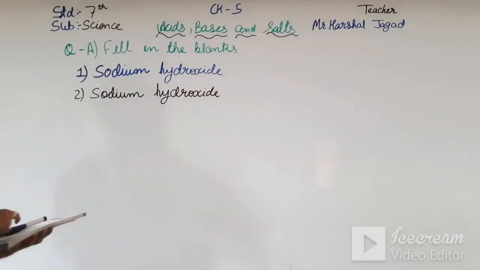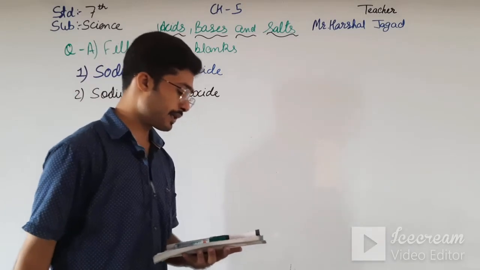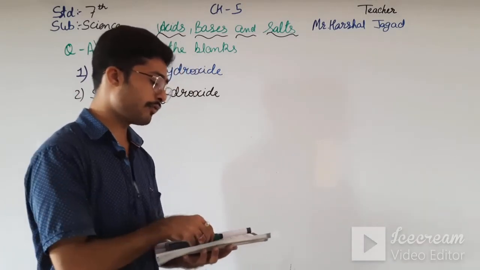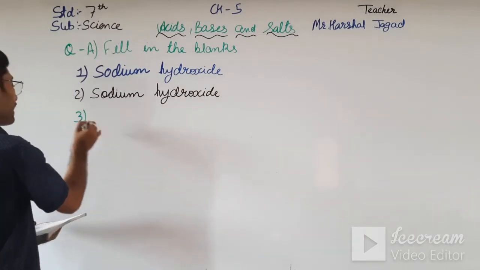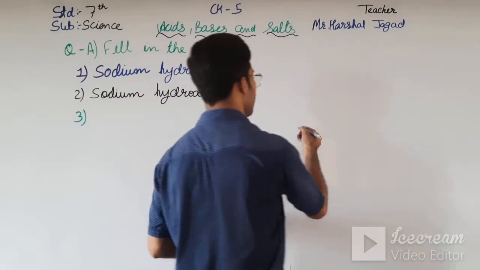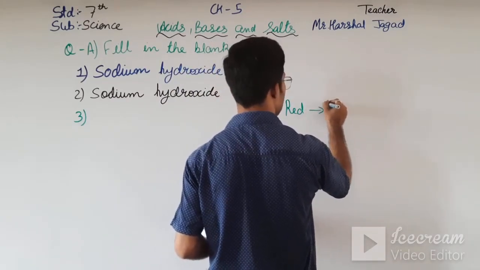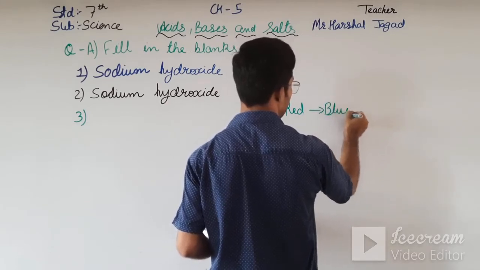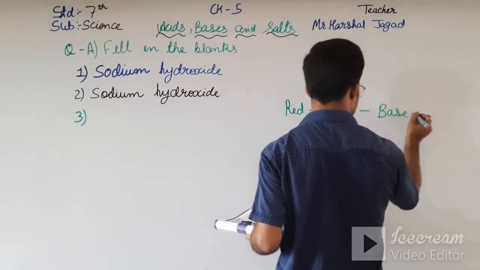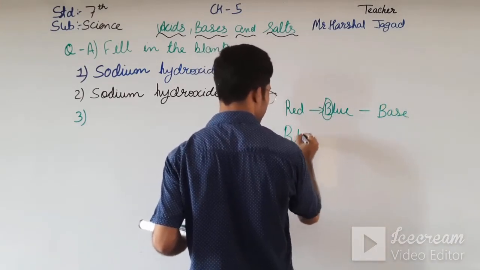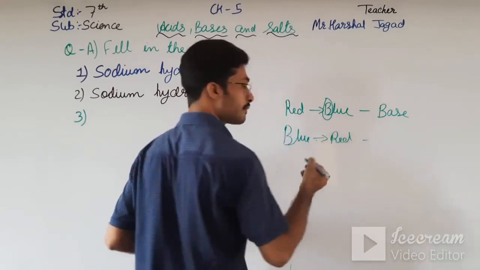Okay students, moving on to the third one. Blue litmus paper turns dash color in presence of acid. See here, I have told you before that in this you can make a mistake. If red turns to blue, then it is a base, and if blue turns to red, then what?